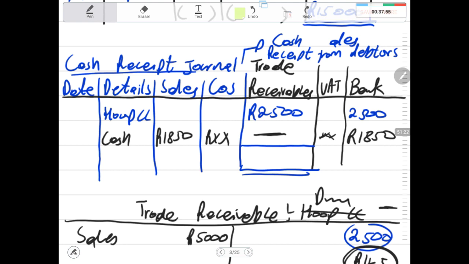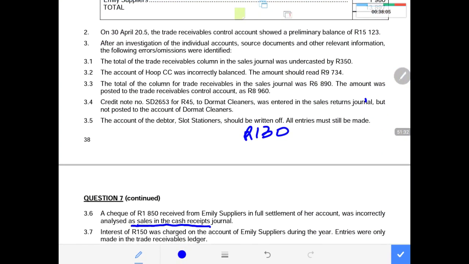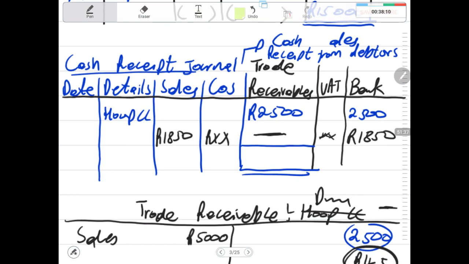So we did not even specify the name of the customer to say we received money from Emily Suppliers. So both the list of trade receivables and the trade receivables control, nothing was recorded.